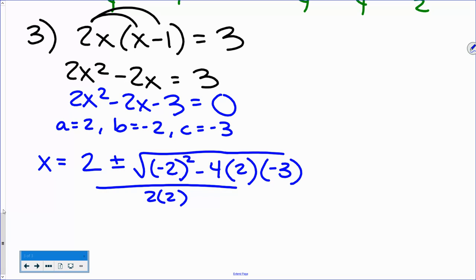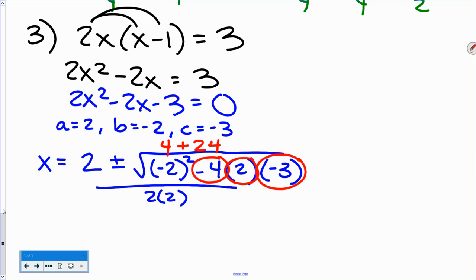Okay, so that's the work that I want to see on a paper test. After that, if you just show me what you get inside of that square root, that's fine. So like I said, this will come out to be a positive 4. Make sure you either use parentheses or you know that you're taking a negative times a negative. All right, I like to think of this as negative 4 times 2 would give me a negative 8. So negative 8 times a negative 3 makes it a positive 24.